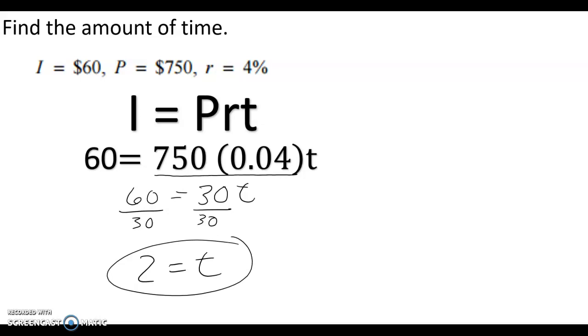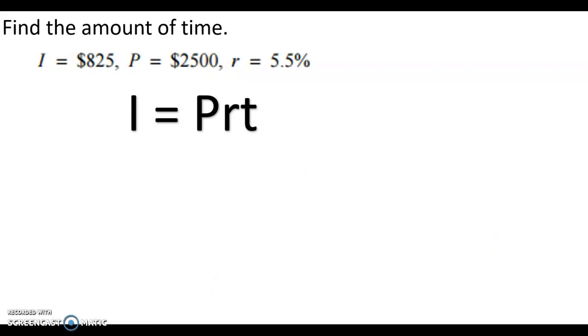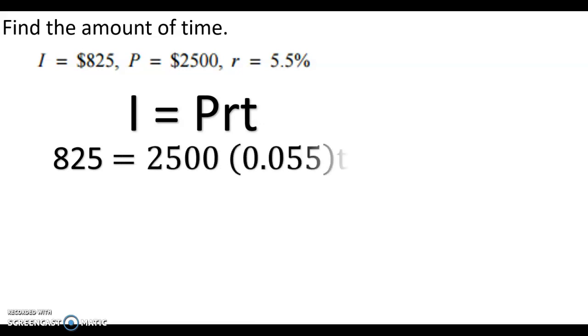All right, we try the next one. The I, 825. The P, 2,500. And the rate, 0.055 times T. So we're looking for the number of years again. So on this one, we're going to multiply 2,500 times 0.055.